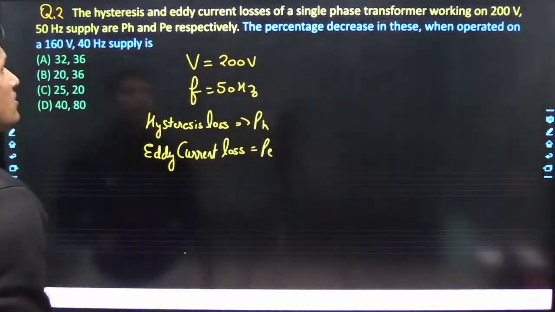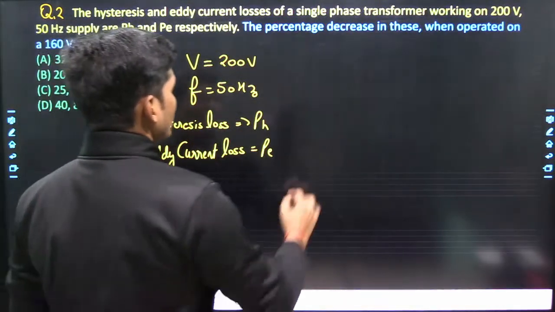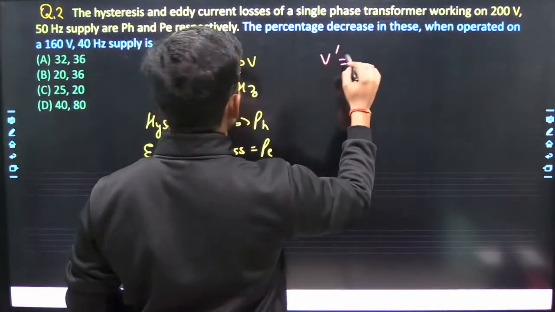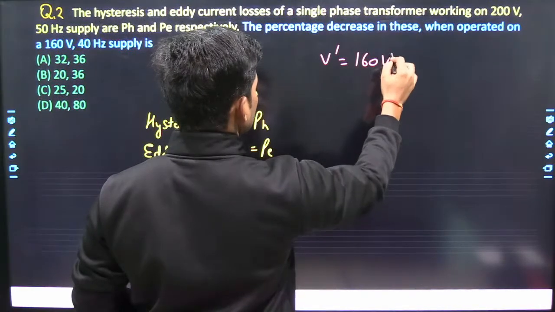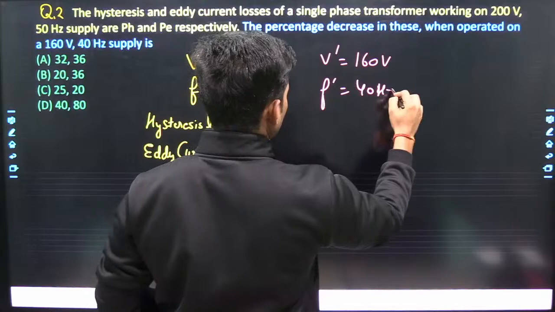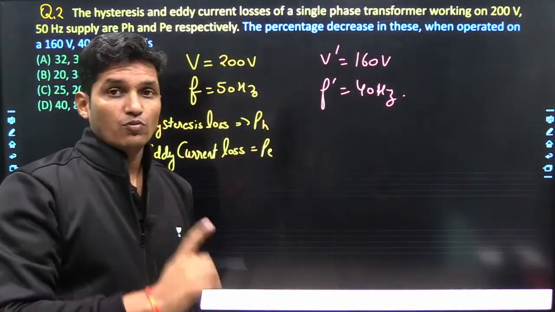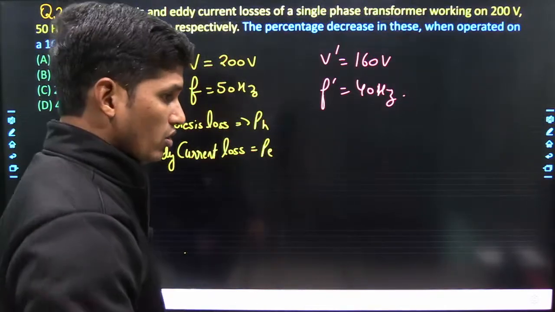They are asking what will be the percentage decrease in the hysteresis and eddy current loss when the voltage is 160 volt and frequency is 40 Hz. So first of all we have to check whether the ratio of voltage and frequency is constant or not.